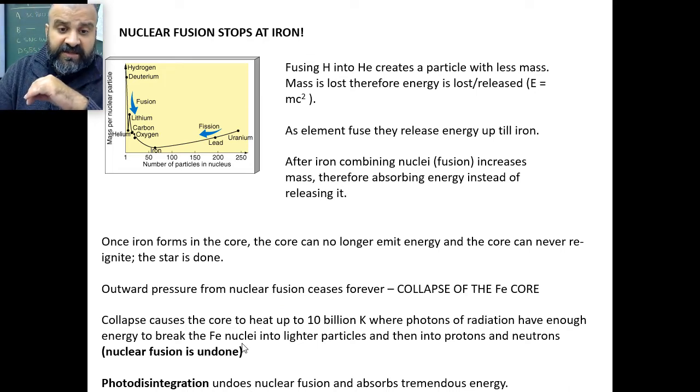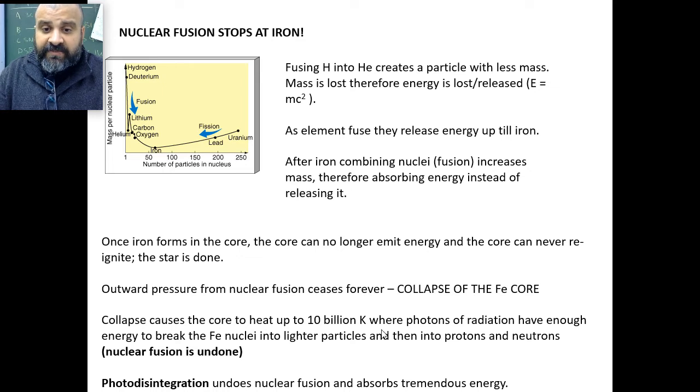So this big giant ball of iron collapses, and the core gets super hot. We go to 10 billion Kelvin. The star starts burning at 15 million, now we're up to 10 billion.